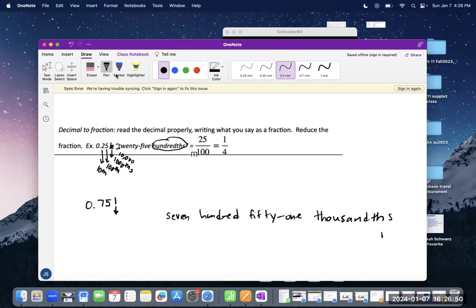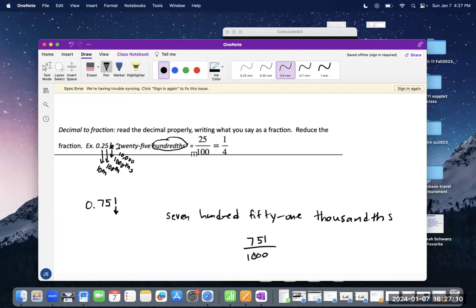But the way that would look as a fraction would be 751, just the number as a whole number, over 1,000. There you go. So that's what this one would be written as a fraction.